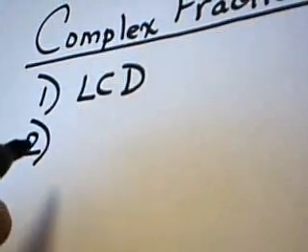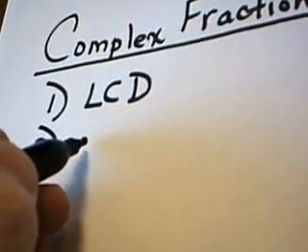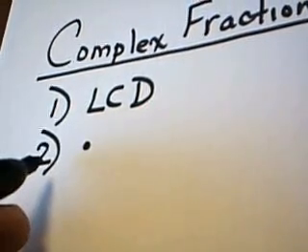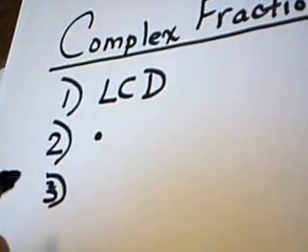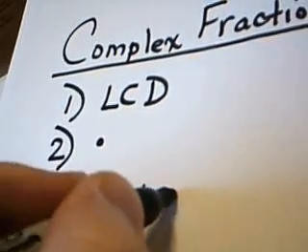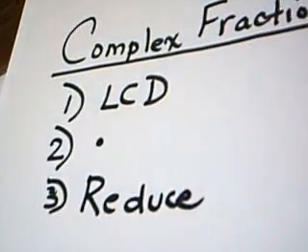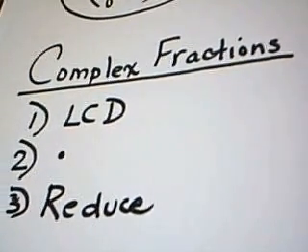Once you determine the LCD, you're going to multiply through by it, top and bottom. And then the third thing you're going to do is make sure that your final answer is in lowest terms, so you're going to try to reduce your final answer by factoring and canceling. And this procedure will work for any complex fraction.